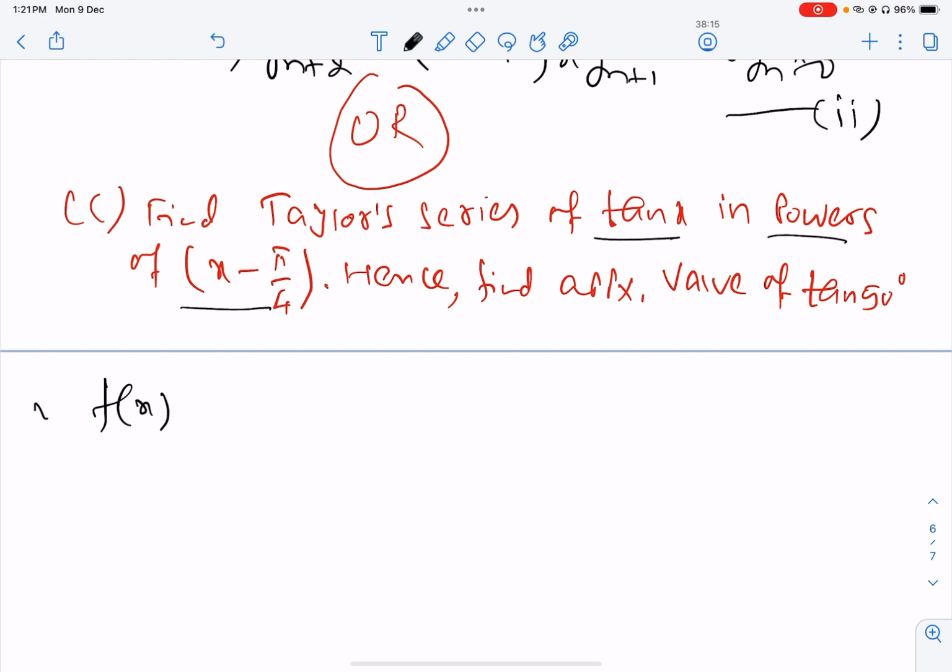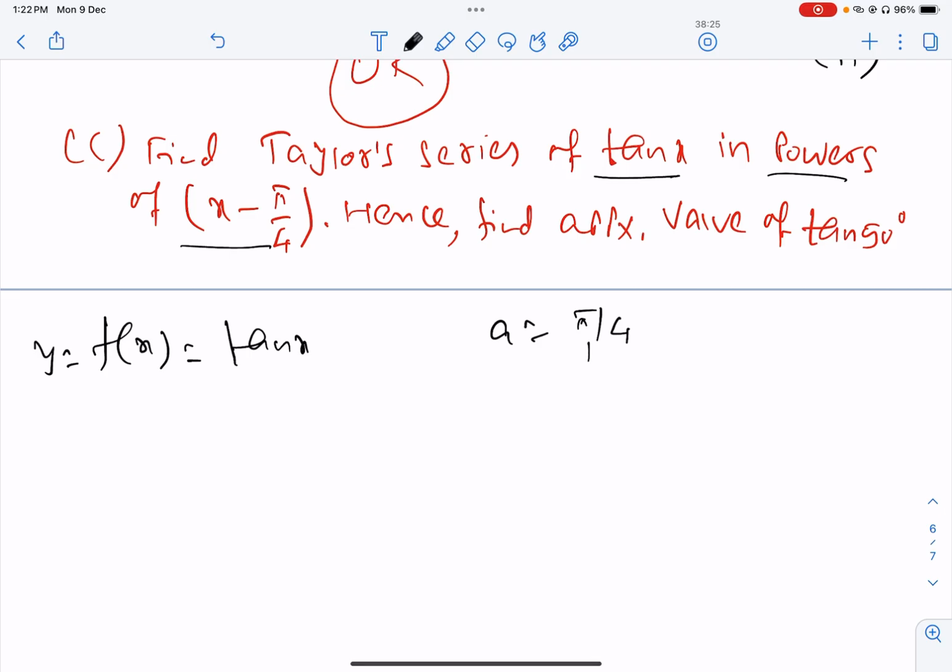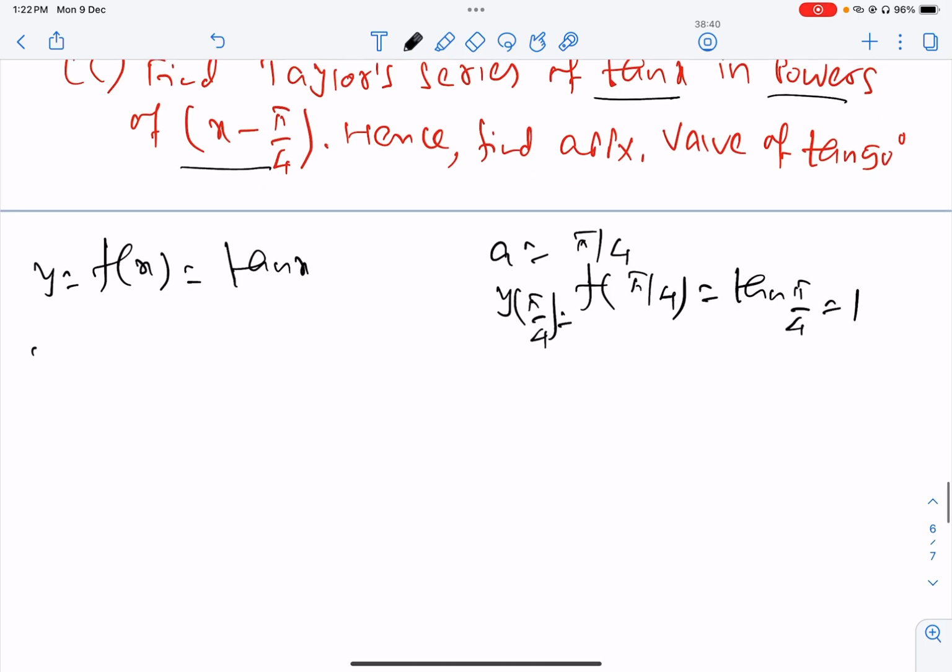So let us take y equal to f(x) is equal to tan x, and here a equal to pi by 4. So f of pi by 4, or you can say y at pi by 4 equal to tan pi by 4, and is equal to 1. Let us take the derivative.